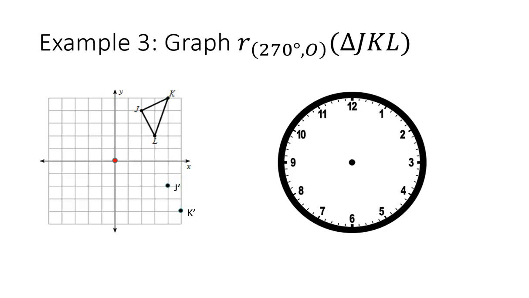And then last point, to get my L, I'm going to go up 2 units, so pointing towards the 12, and then I'm going to go right 3 units, and so that's at the 3 o'clock.